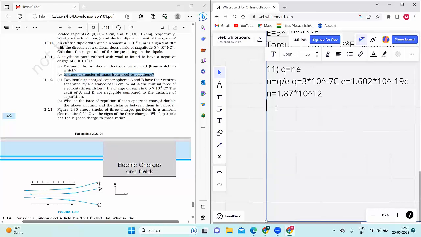To find the mass transferred, it equals the number of electrons transferred into the mass of an electron. As you know, the mass of an electron is 9.1 into 10 to the minus 31 kg. We can calculate the mass transfer.